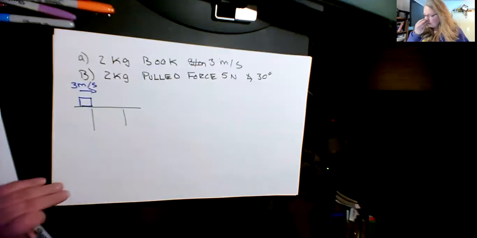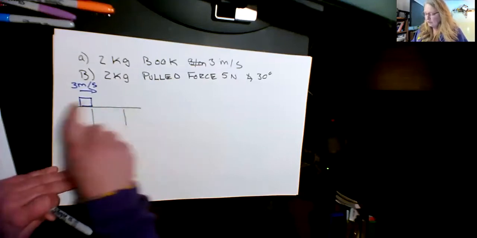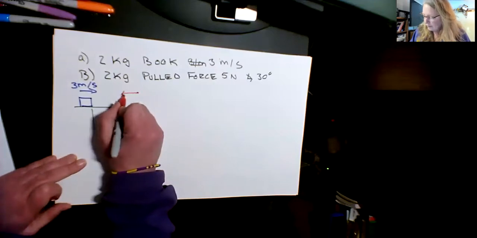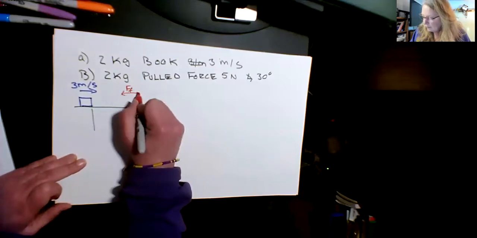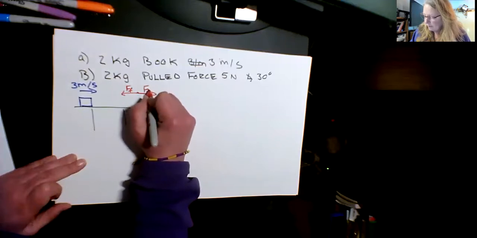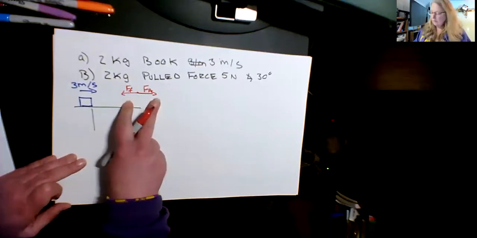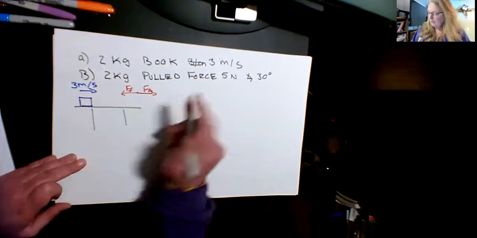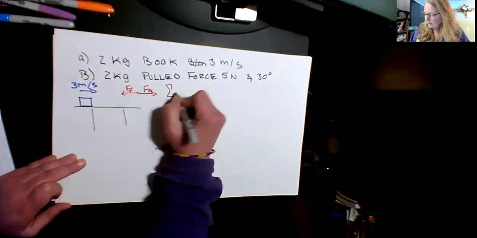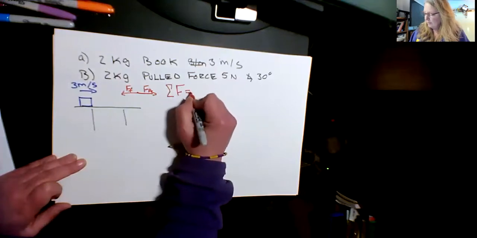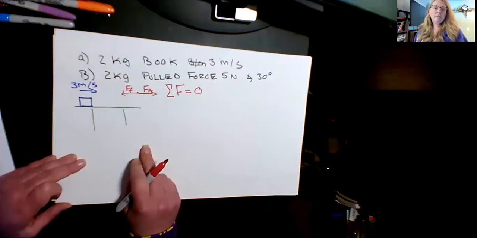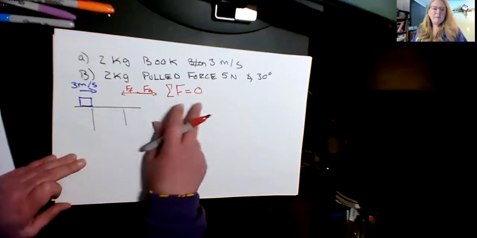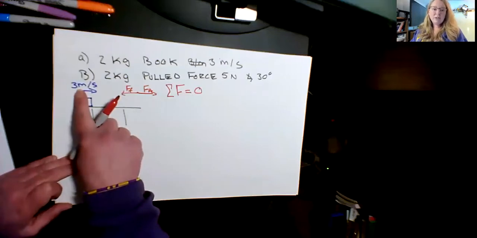So the only thing I can conclude as far as the forces go is that one of two pictures is happening in the x direction. Either I have a force of friction equal and opposite with a force applied, and I don't even need to know what that is. To maintain a constant velocity, I would write that the sum of my forces must equal 0, because my velocity wouldn't be changing.